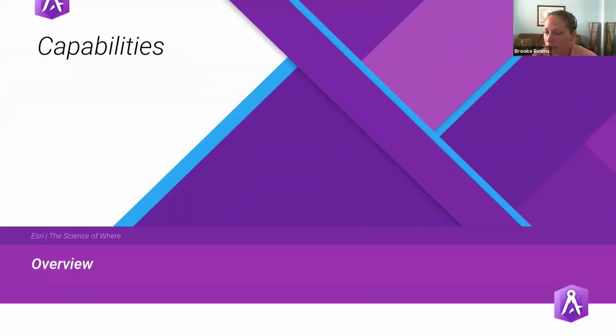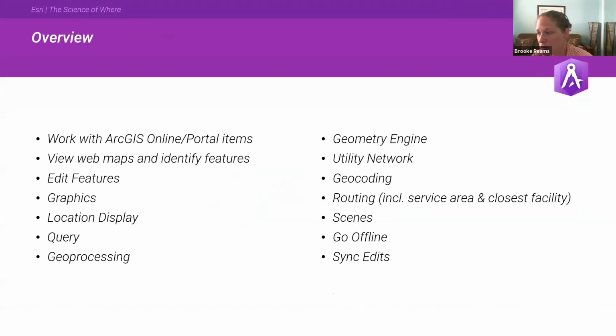Okay, so some capabilities. This is just an overview of some of the highlights, but what you can do with runtime extends way beyond what you see here on the slide. Just to call some of these out: working with ArcGIS Online or portal items, consuming web maps, identifying features and editing those features.